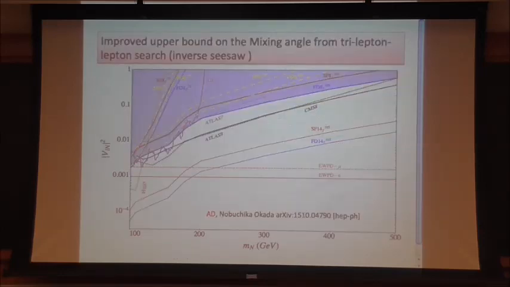Okay. And now we improve our trilepton result. We have included the 1-jet and 2-jet processes for the trilepton analysis, and this is the single flavor case above the Z pole, and this is the flavor diagonal case above the Z pole.